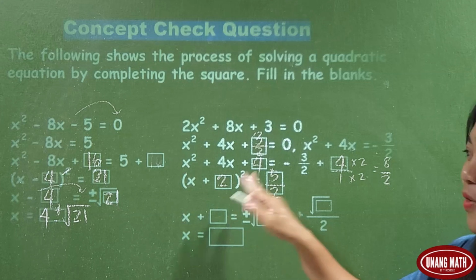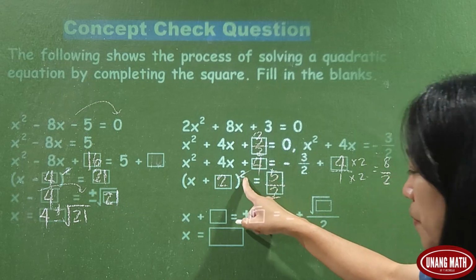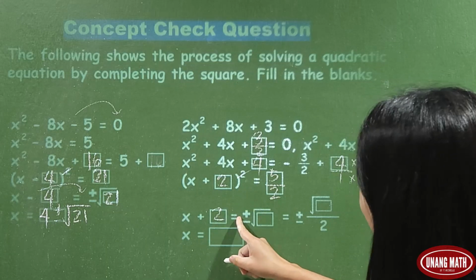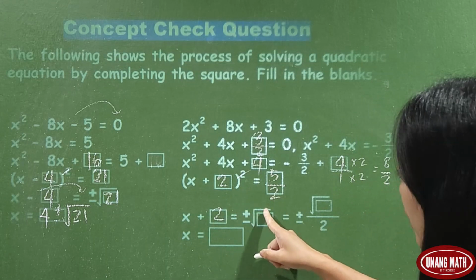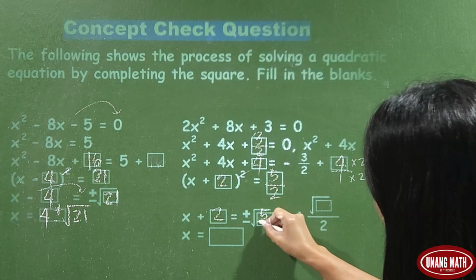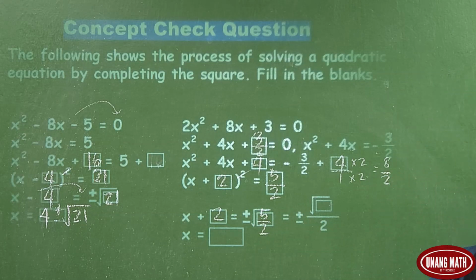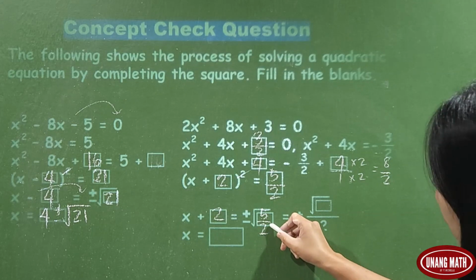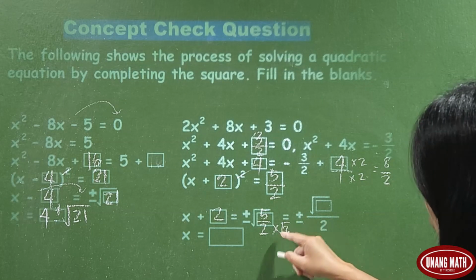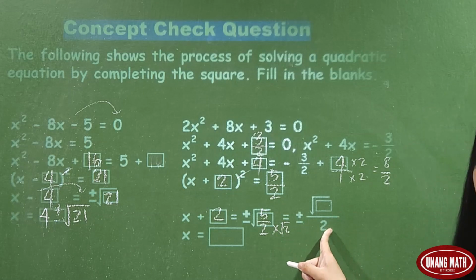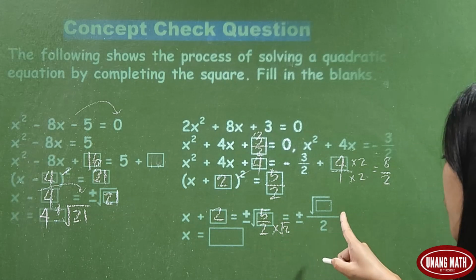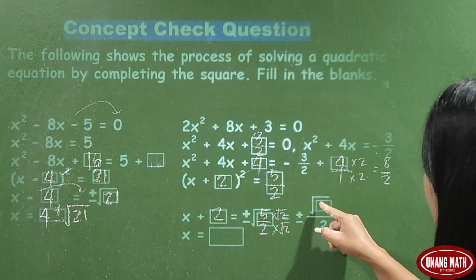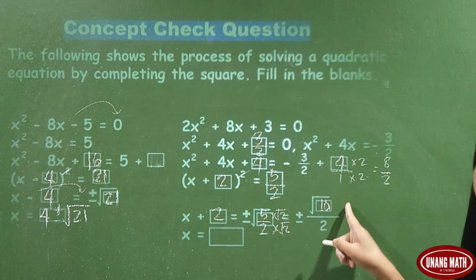Okay, let's solve using square roots. We will remove this exponent 2. So x plus 2 is then equal to plus or minus square root of 5 over 2. We have to rationalize the denominator. So times square root of 2. The denominator is then 2, and times square root of 2 gives 10 in the numerator.